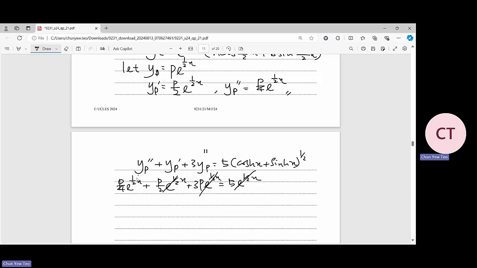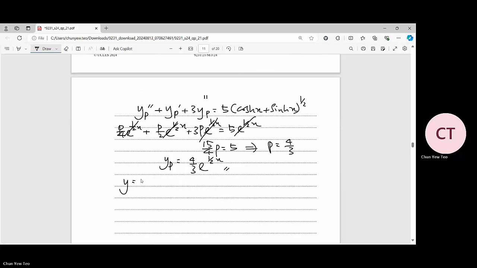So at the end, you get 15 over 4 p equal to 5. That will give you p equals 4 over 3. So your particular integral will be 4 over 3 e power half x. So now your y is equal to yc plus yp. That will be e to the power of negative half x, A cos square root of 11 over 2 x plus B sine square root of 11 over 2 x plus the yp.